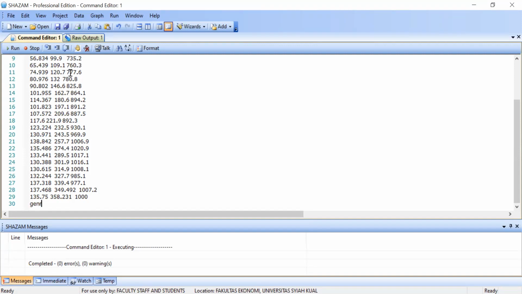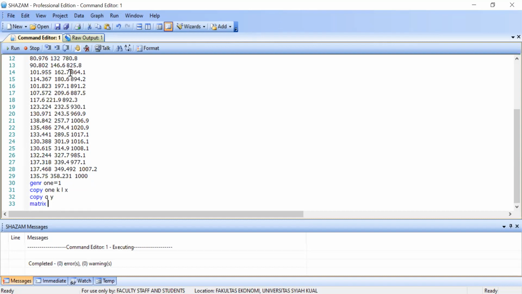First we generate one. One is the first column of the X matrix. We copy here. K and L become X. We copy Q to become Y.